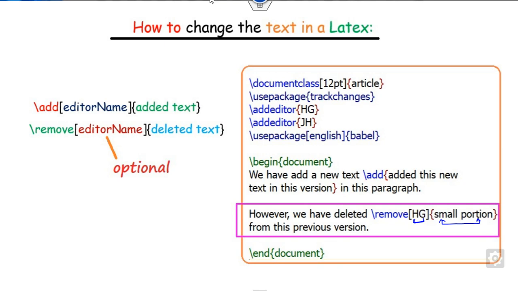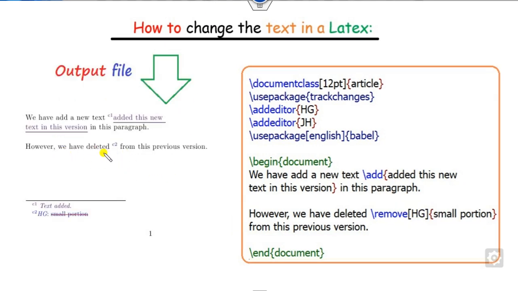When you run this file, you will see the output here. We have deleted C2, which is a small portion of Harish, and the editor is HG. So HG has edited this document and deleted this small portion from the previous file. You can see the first one is not by HG, so there is no name there. Again, this is optional; you can either add or remove the HG editor name.